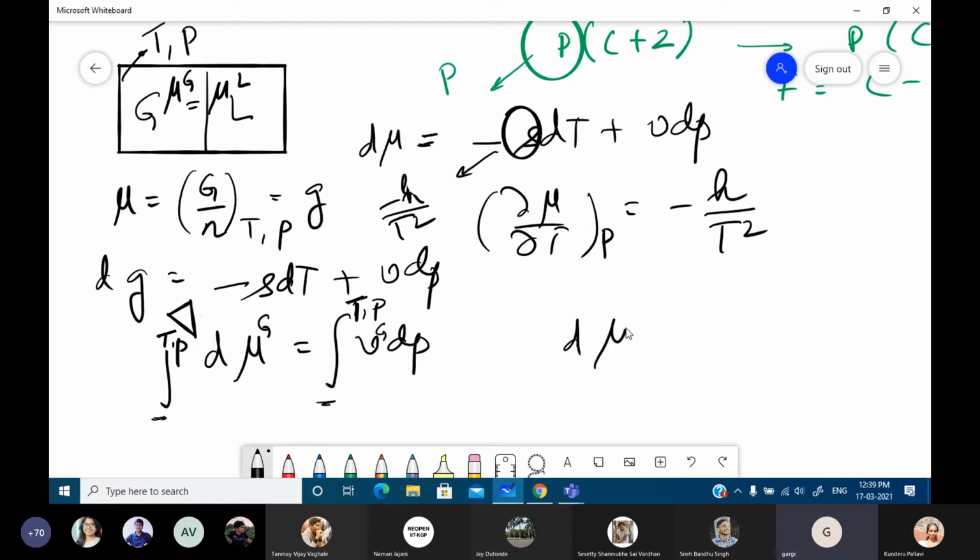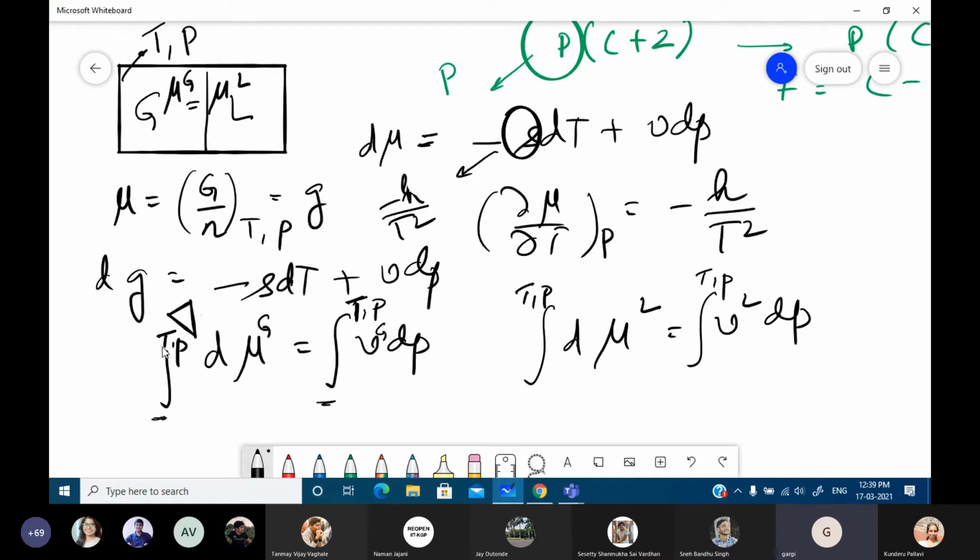Same type of equation I have to write down for the liquid phase also. And I know for the liquid phase also I have to evaluate mu L at some particular temperature and pressure. This T, P and this T, P are the same if it is in equilibrium.